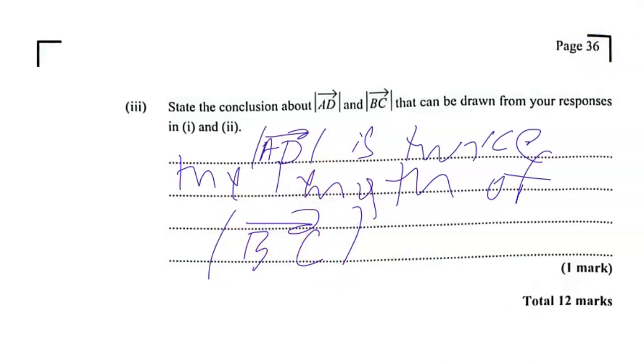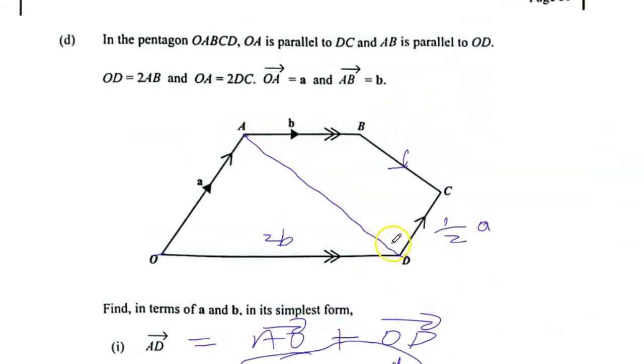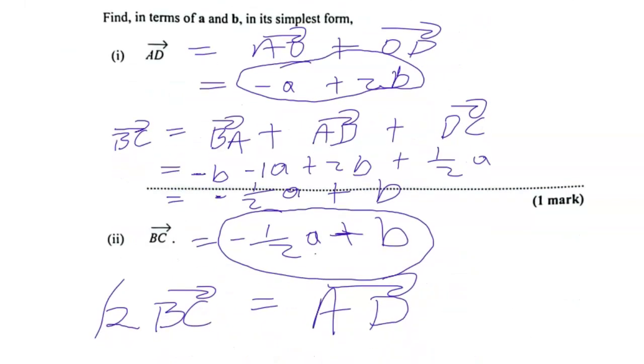Or you could say AD is parallel to BC, as we can see there. So comparing AD and BC, notice 2 times BC gives you AD. So that's it.